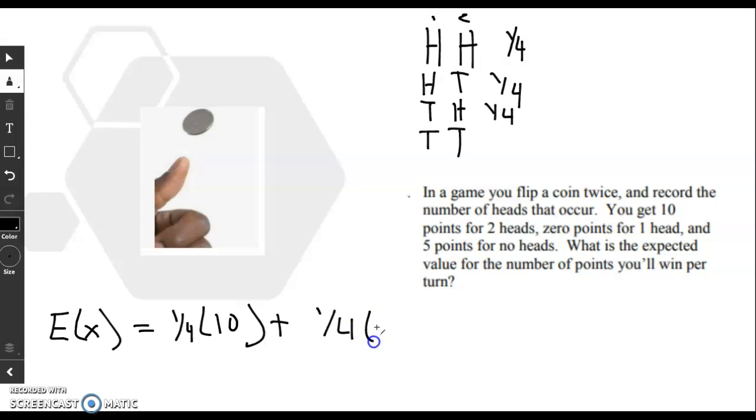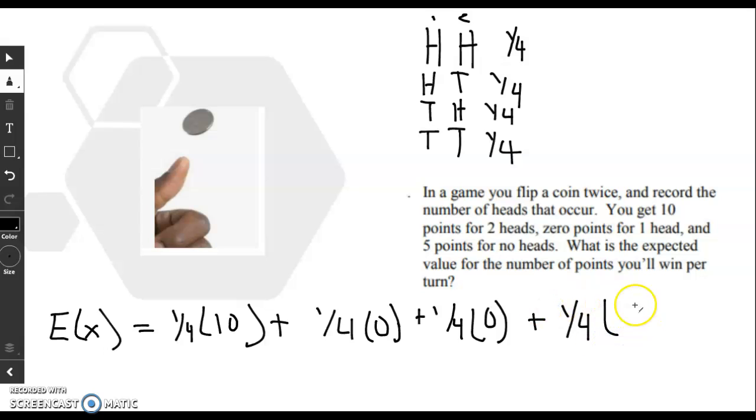So we have 1/4 times 0 plus 1/4 times 0 plus, we can get 5 points for 0 heads. So again, the probability of getting 0 heads would be 1/4. So we have 1/4 times 5.